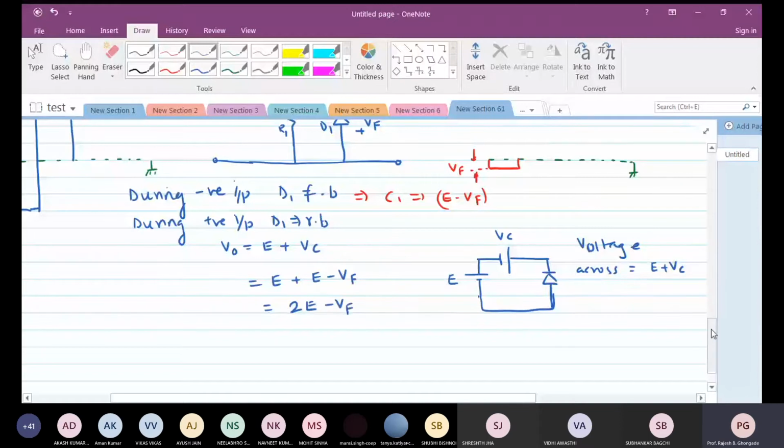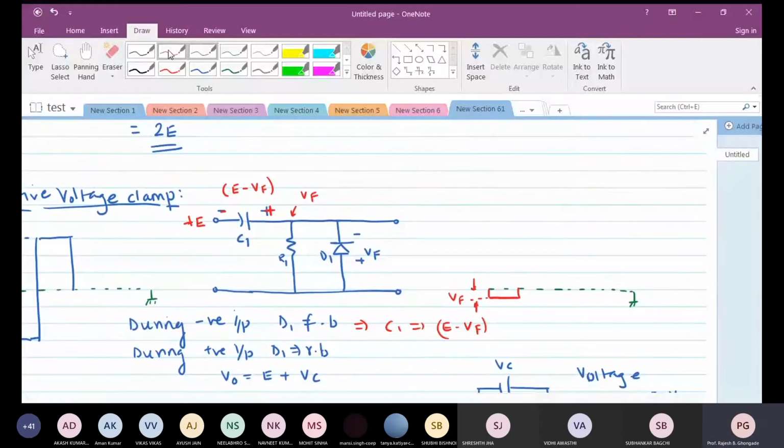So the output is going positive, but the amplitude of the output is now, with reference to ground, how much? 2E minus VF.